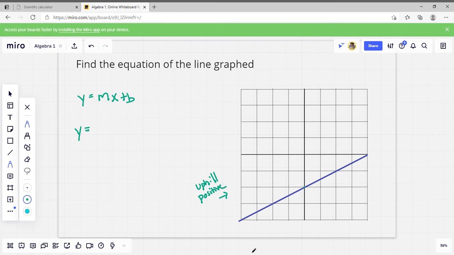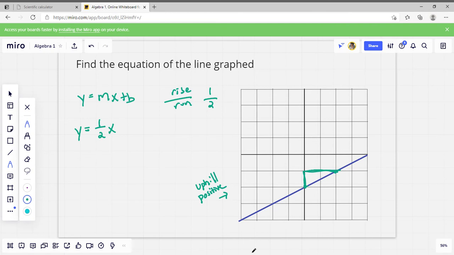All right, so if we start here and we see we're touching right on the line there and there, so we went up 1 over 2. Our slope is rise over run. Our rise is how many we went up, which is 1, and our run is how many we went over, which is 2. So there's our slope. So that'll be 1/2 x plus b.